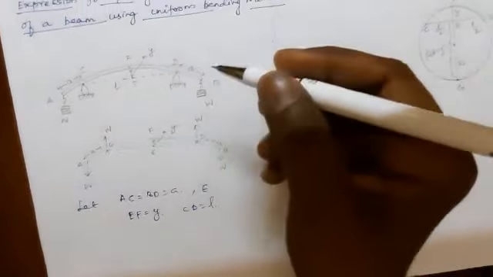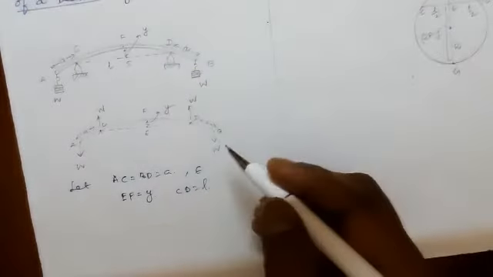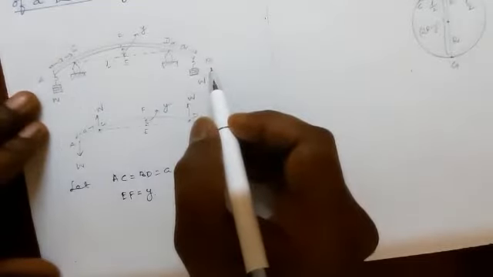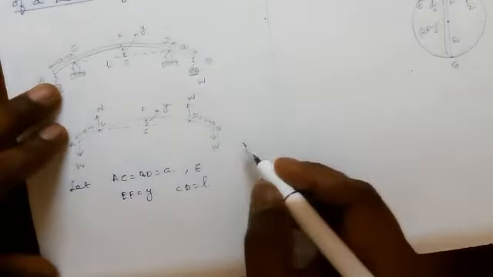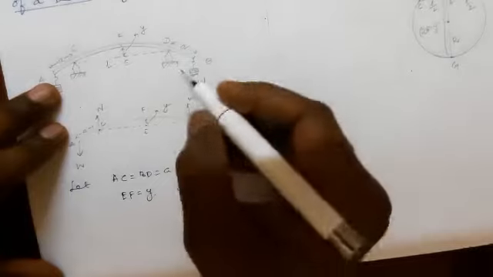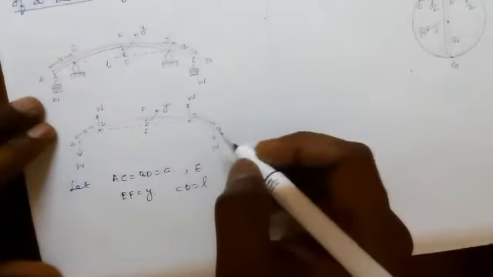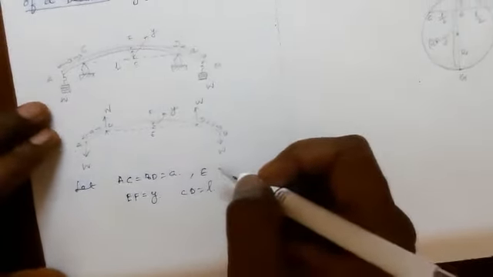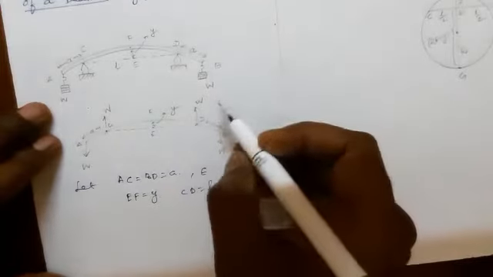Here, due to the applied load, the bend is produced. The bending of the beam forms an arc of a circle. This type of bending is known as uniform bending.